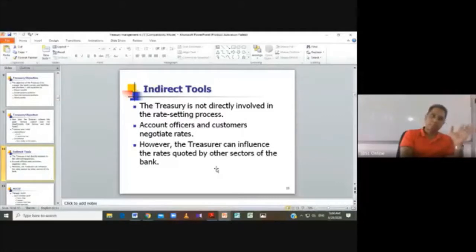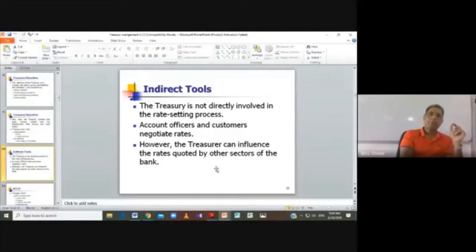That's up to the branch. The account officer, or in this case the branch manager, will decide. A client comes and says, I want a 1-year deposit. He'll quote 7%. The client says, no, I want a higher rate. The account manager will decide whether he can give a higher rate or not. But the account manager can only decide up to a certain level, and that level is dictated by the treasurer.